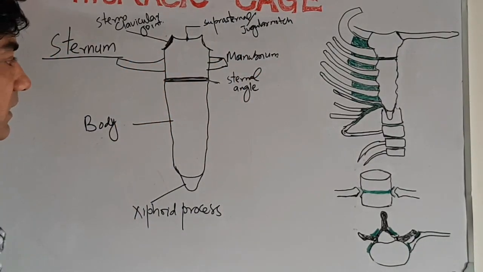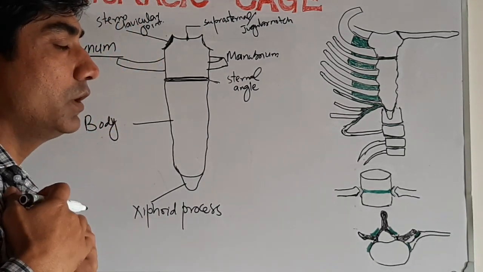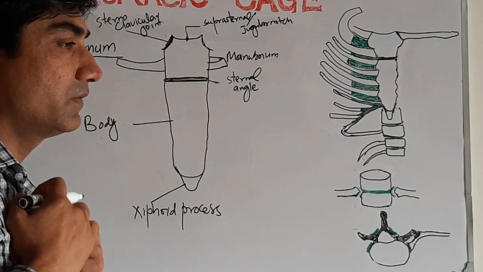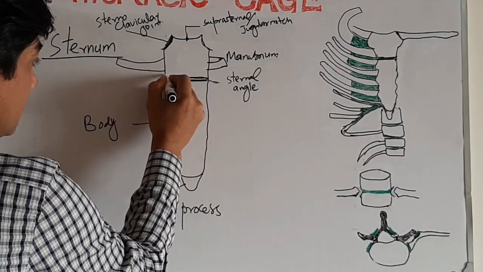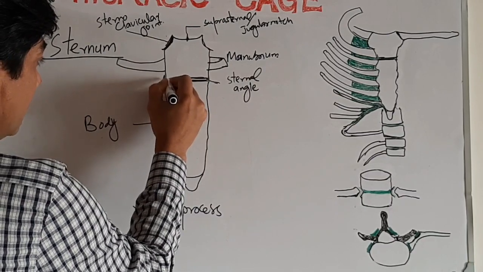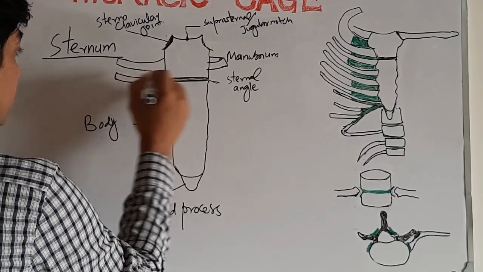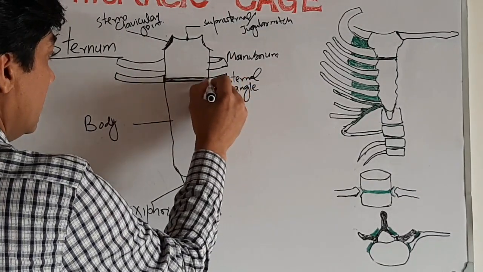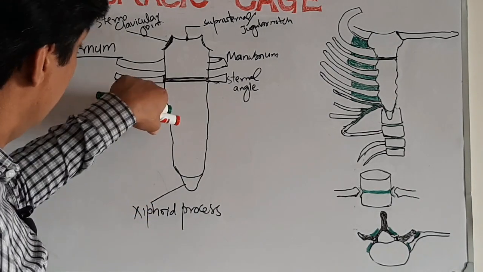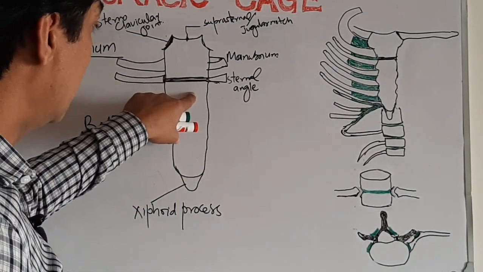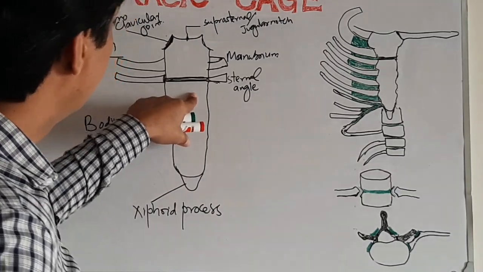The sternal angle is the point where you can palpate a bony prominence over your sternum, where the second rib attaches. It is the most important landmark for physical examination while you are counting ribs.